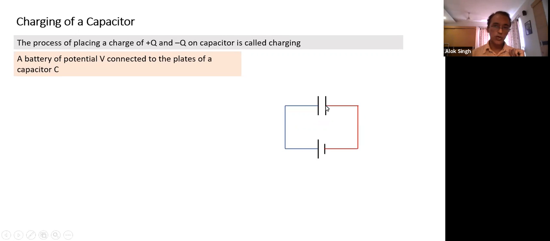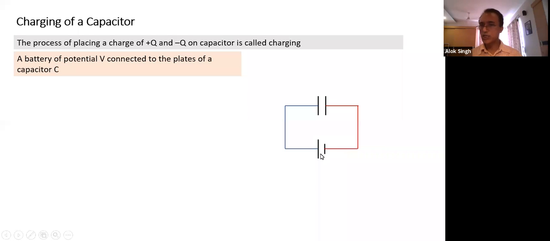What about the charge flow between the negative plate of the battery and this plate of the capacitor? Which will have higher potential? Both are conductors. This plate has no charge initially, and this one has negative charge. So which will have higher potential? If there is no charge, it has zero potential.